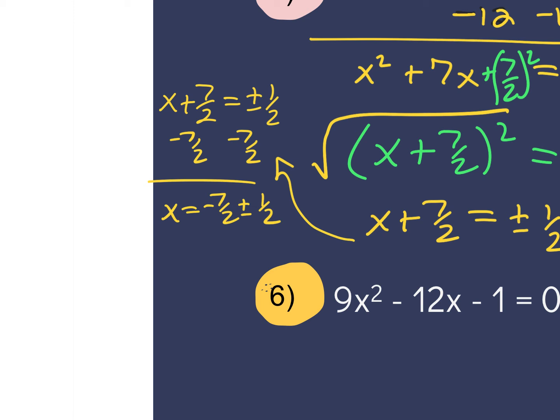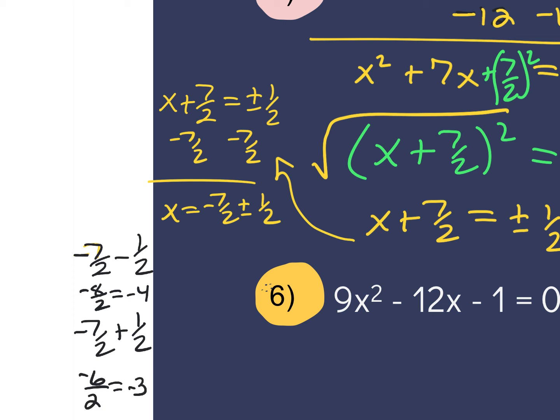I'm first going to do -7/2 minus 1/2, and then -7/2 plus 1/2. Do the two problems. So this becomes -8/2, which is -4, and this becomes -6/2, which is -3. So my two answers to this problem are x equals -3 and x equals -4.